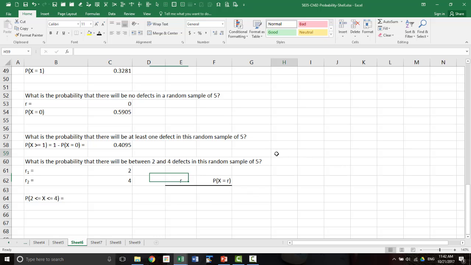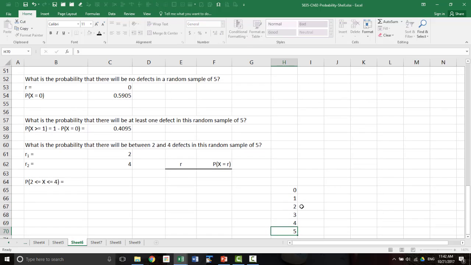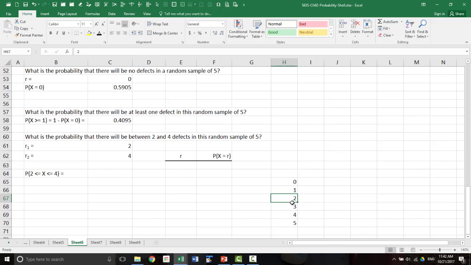It's like this: we have 0, 1, 2, 3, 4, and 5, right? So we want that probability. Of course, we can compute the three probabilities, x equal to 2, x equal to 3, x equal to 4, and add them up. Or we can do this.